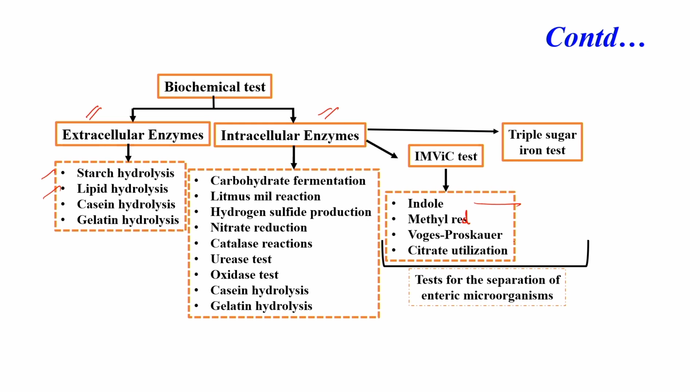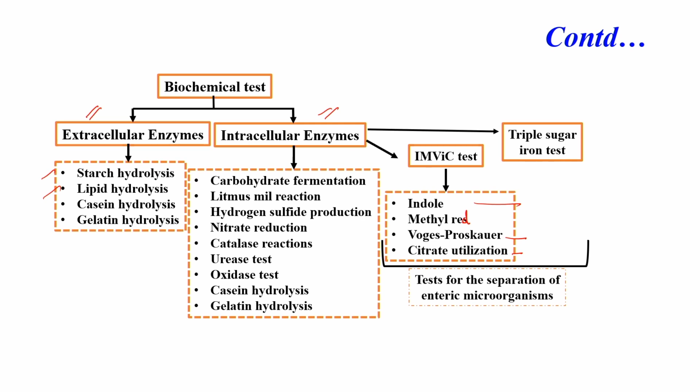So, V, what it does, it detects the production of acetoin, which is a natural end product of glucose fermentation, and C is citrate utilization test. This determines if the organism can use citrate as sole carbon source.